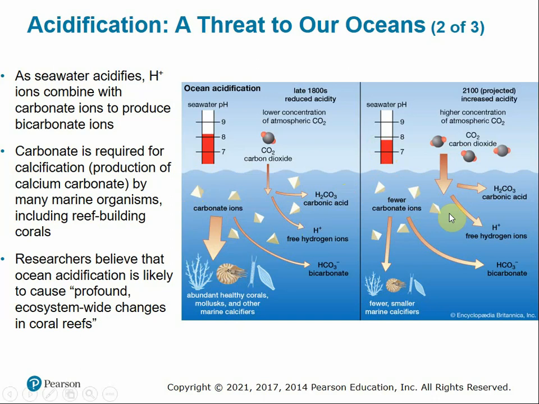But when we have this excess hydrogen in the water, it's going to take up some of that carbonate to form bicarbonate. So now the carbonate ions aren't present for these organisms to build their shells with. So there are lots of widespread ramifications from just these small changes in the pH.